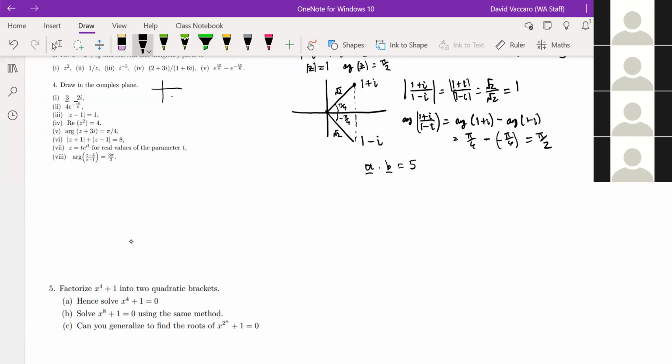So the real part is 3, the imaginary part is -2. So it's simply at the point on a coordinate grid at 3 take away 2i. It's 3 units across and it's 2 units down.